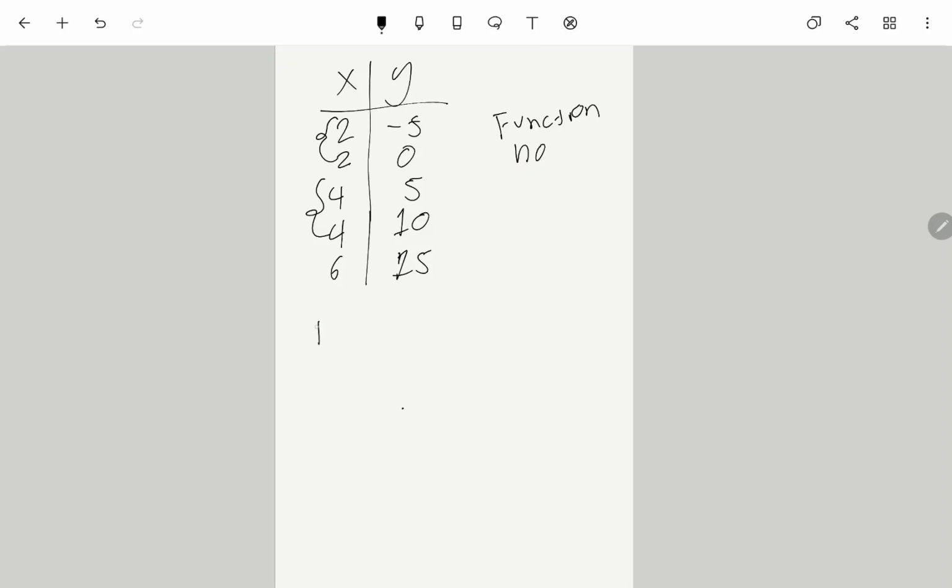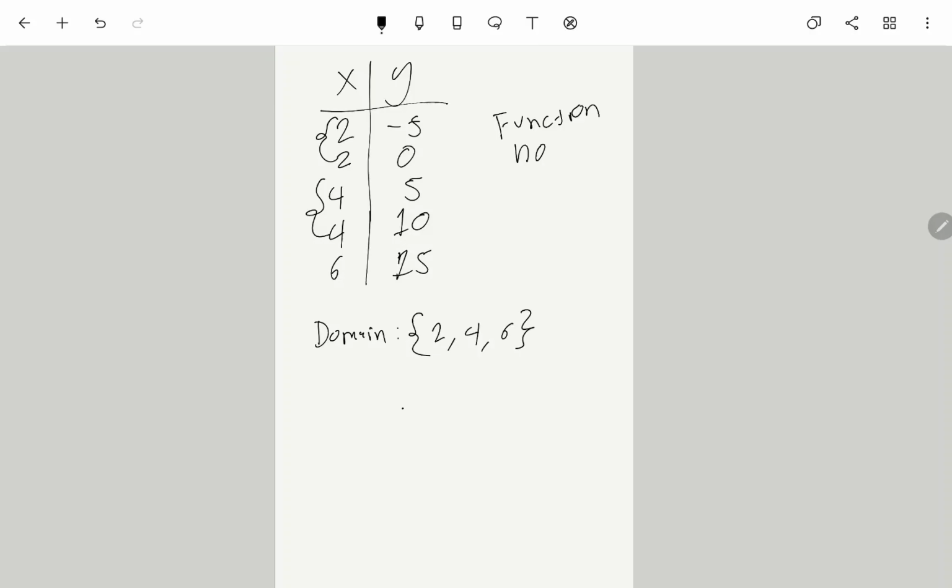But domain, your domain is all x numbers. So it's 2, 4, 6. Remember, if you see the same number twice in your x's, just put one number.